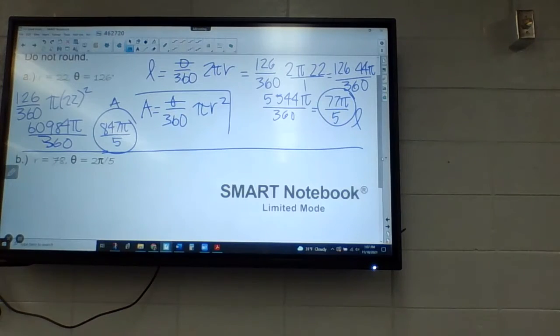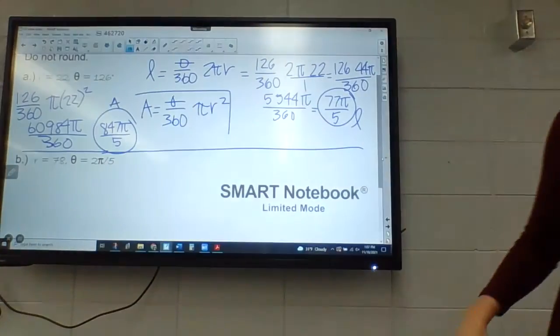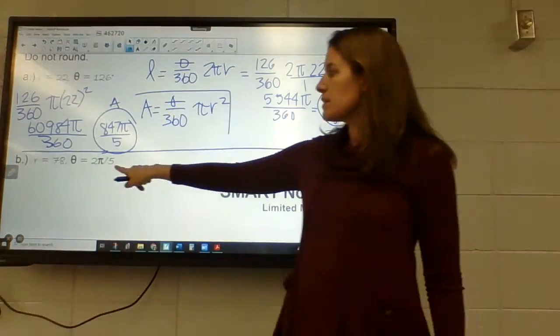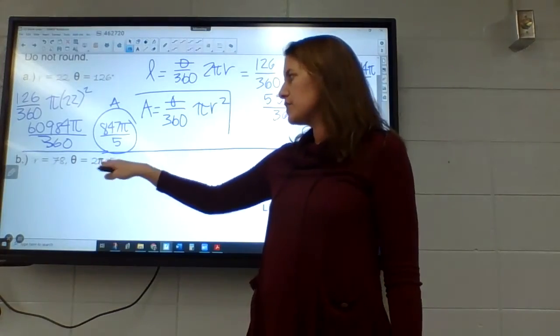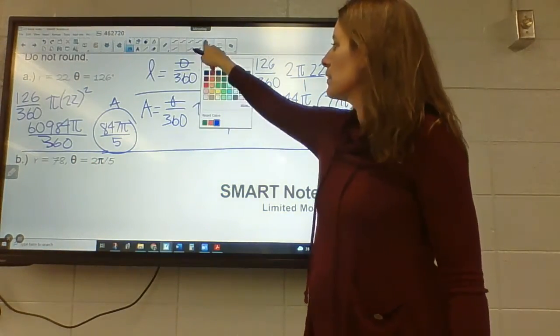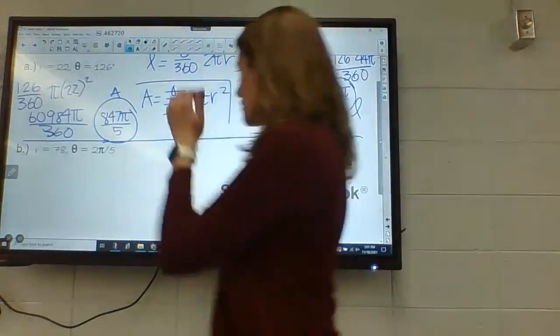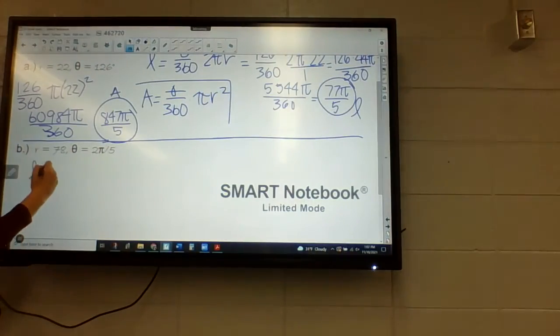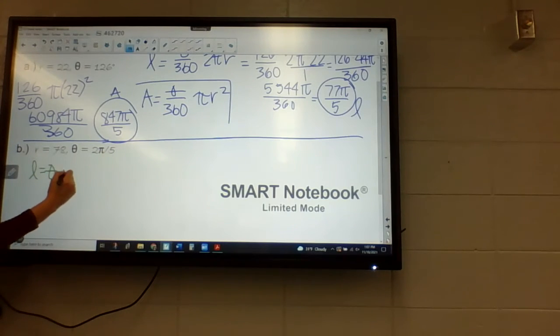All right, our last one here is radians. This is a place where I think you might gather that radians are actually a little bit better than the simplifying. So my angle is 2 pi over 5 in radian measure. My arc length is the easy one. You just do theta times r.